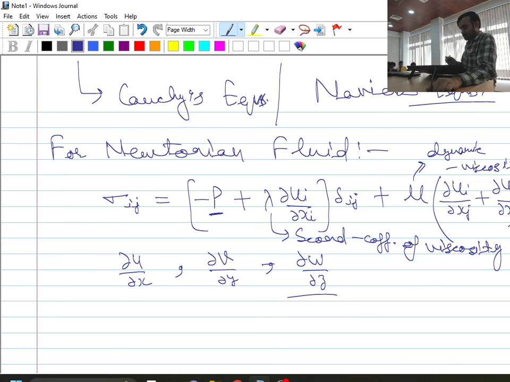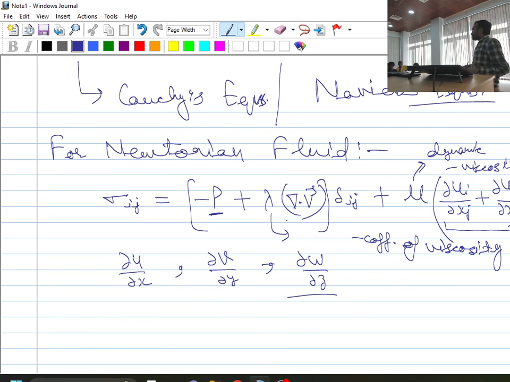This term and this formulation, if you see, is del ui by del xj plus del uj by del xi. So this particular formulation I am referring to, and let me make it general only. In place of this, let me write divergence of velocity vector, because divergence of velocity vector will account for the total volumetric strain. What is divergence of velocity vector?